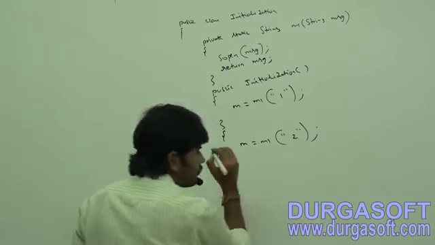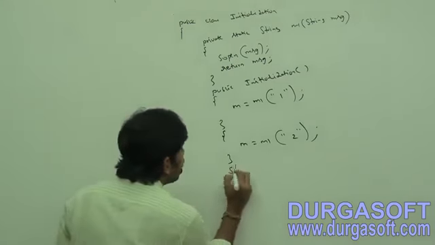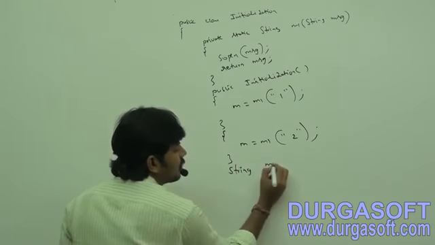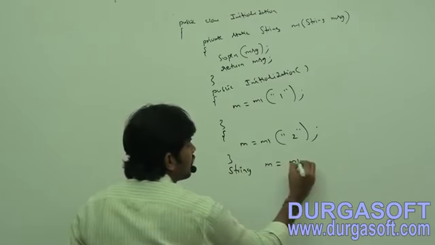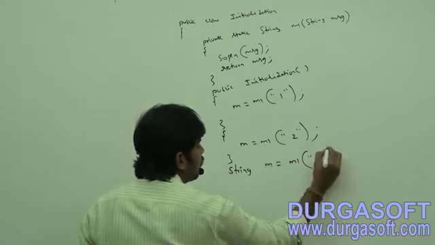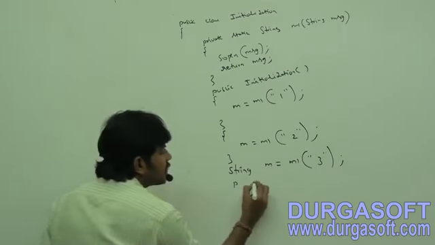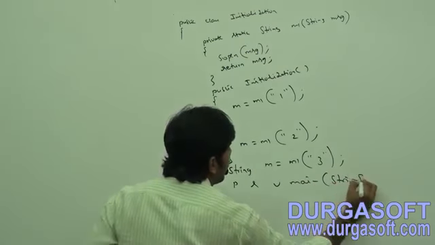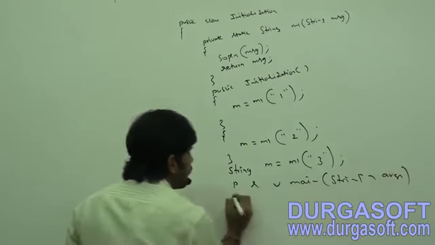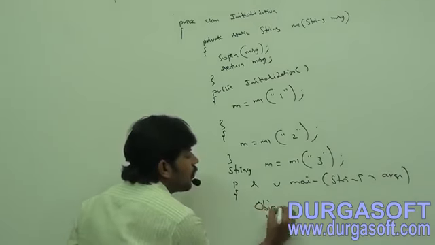And then string m, an instance variable I'm declaring here, is equal to m1 of 3. Then public static void main, string array args.